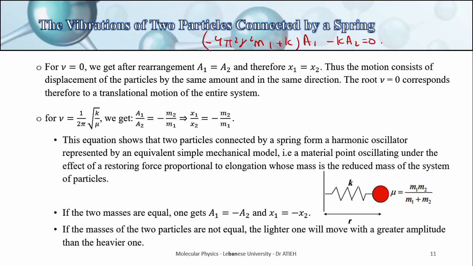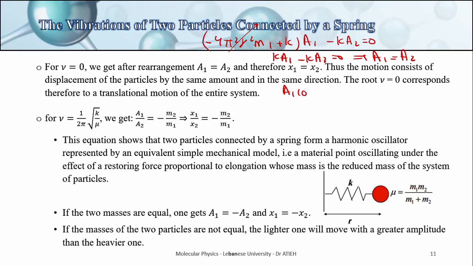So this is the first equation of a1 and a2. I'm going to substitute nu equals 0. So this term will be equal to 0. We will get k a1 minus k a2 is equal to 0, and a1 is equal to a2.